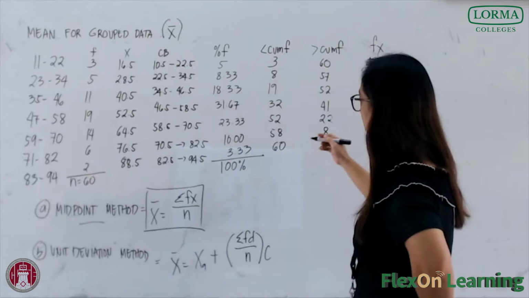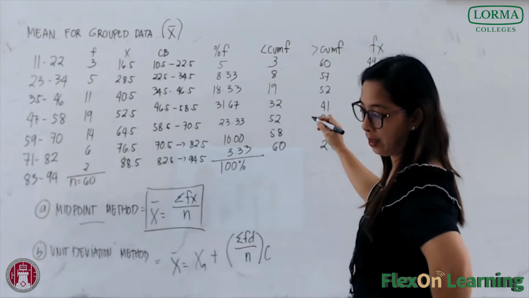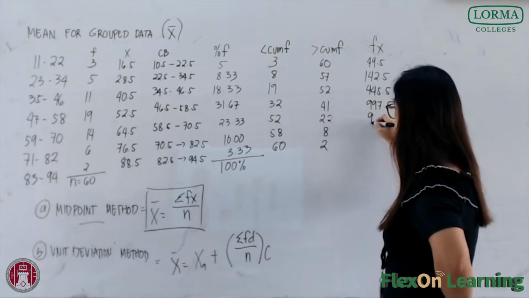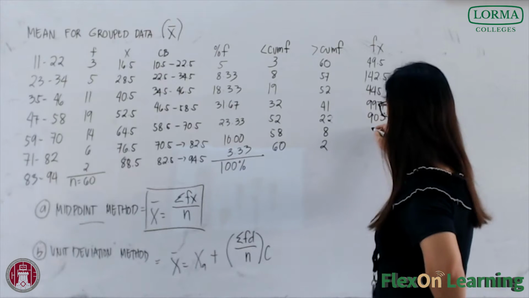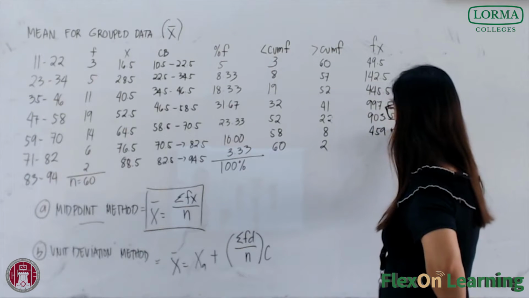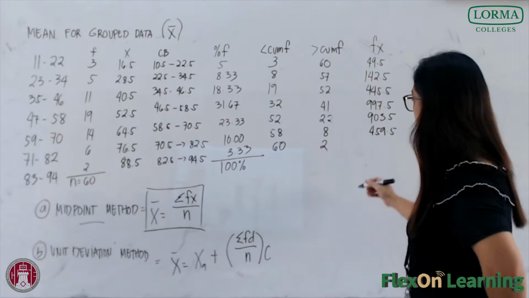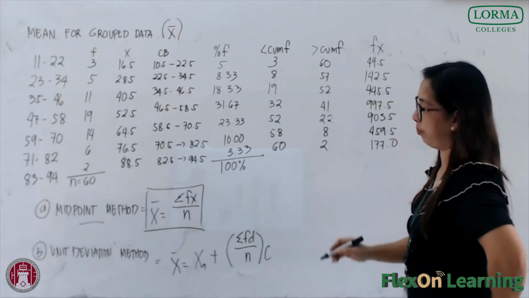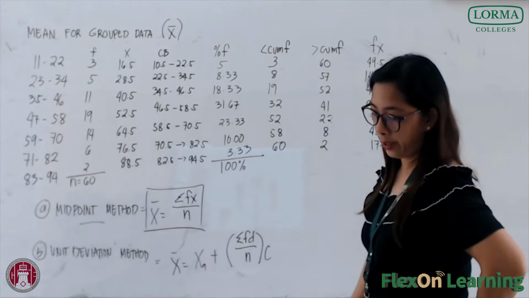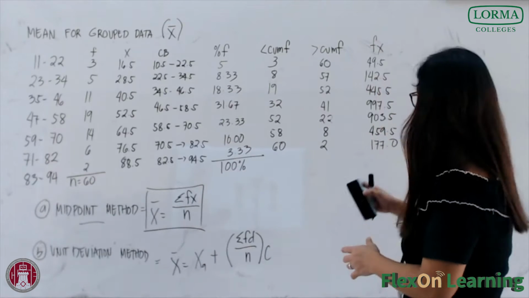Including the decimal point, we have 997.5. The next would be 903.5, and then we have 459.5. Please check if I wrote anything wrong. And then we have 177.0.